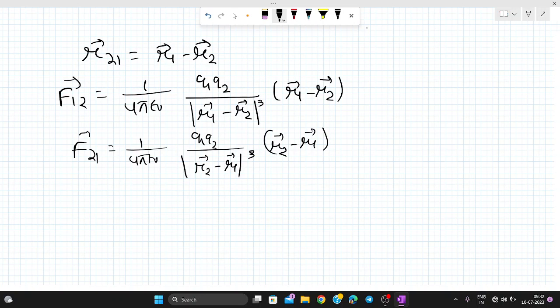We are getting the force in terms of position vectors. Again you can see from here also that F12 is equal to negative of F21.